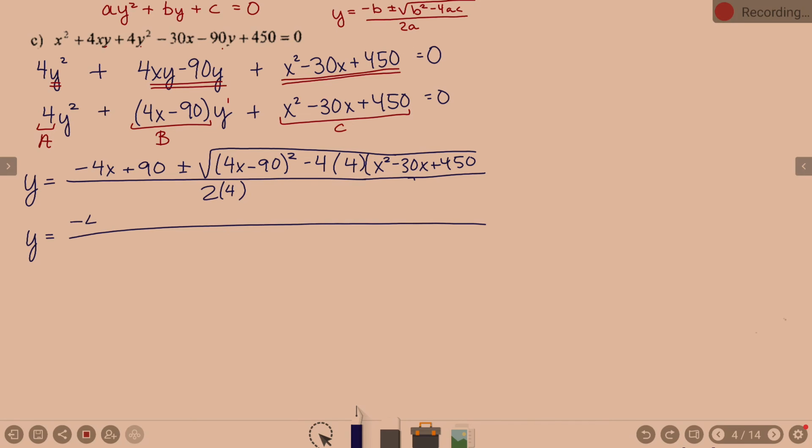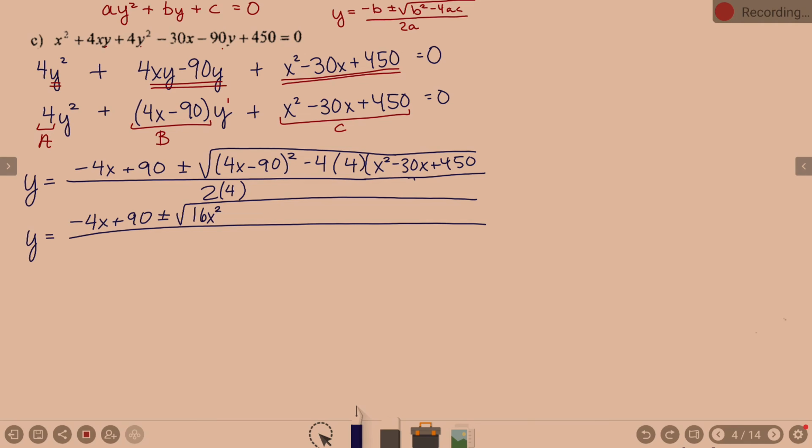So the negative 4x plus 90 is good to go out front. Plus or minus. Now, on this square root, we're going to square 4x minus 90. And technically, how do I have to square 4x minus 90? We have to FOIL that. Can you FOIL with me? 4x times 4x is going to be 16x squared.